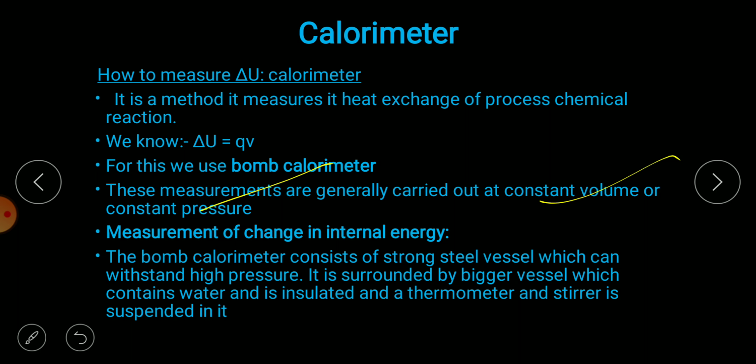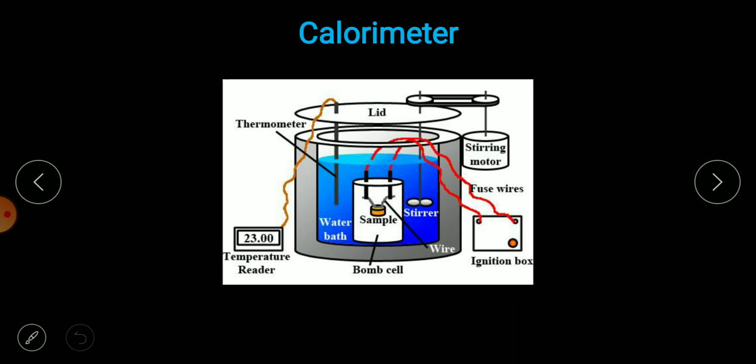A thermometer and a stirrer are suspended in it. You can see in the picture that we have a water bath, a thermometer, a lid, and a stirring motor. The stirring motor stirs the solution which we have to study for the heat changes.